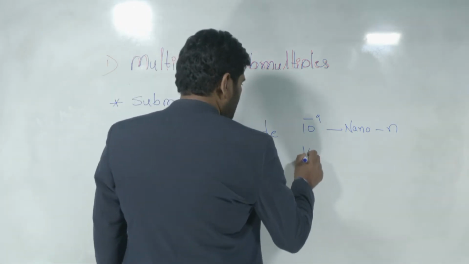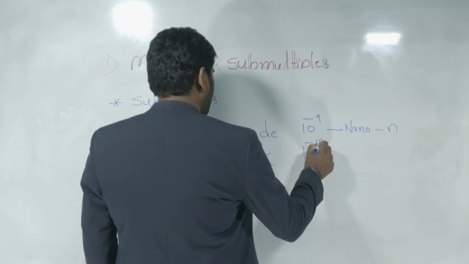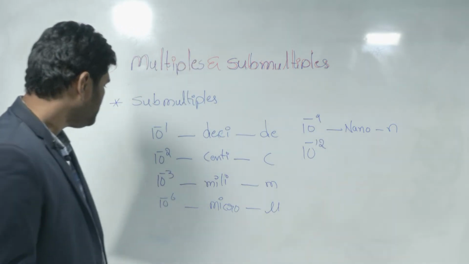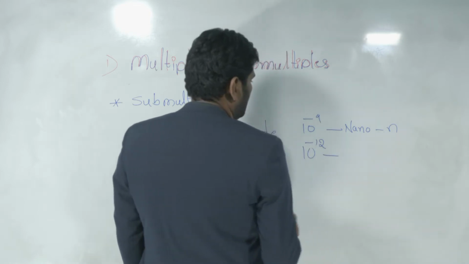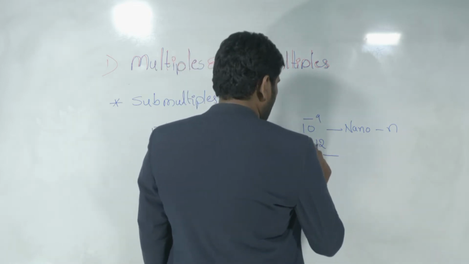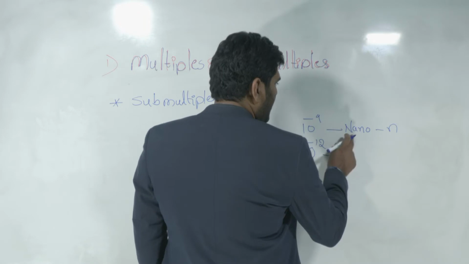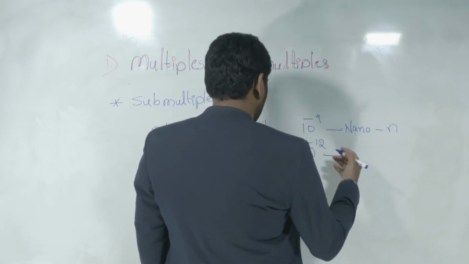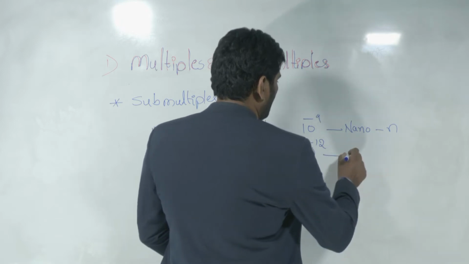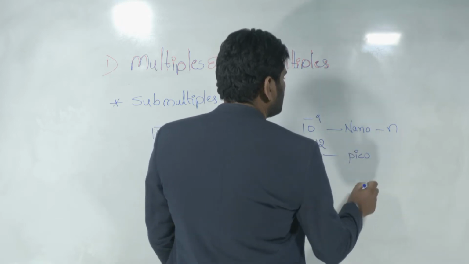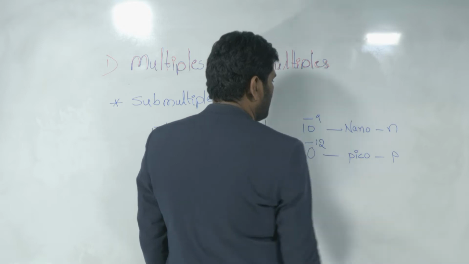Next, 10 power minus 12 is called pico, with a small p.